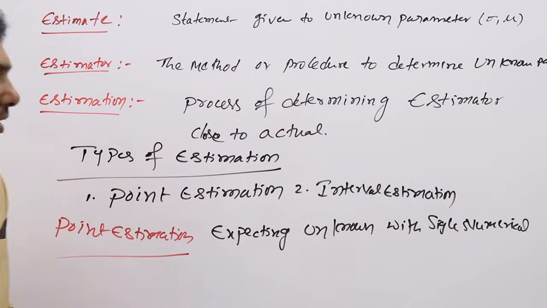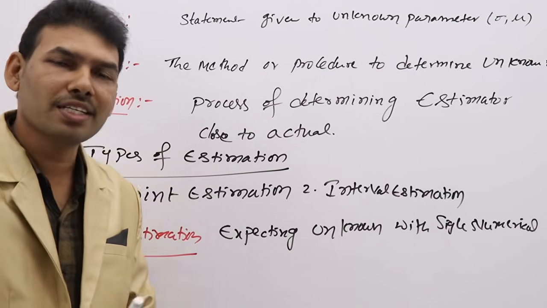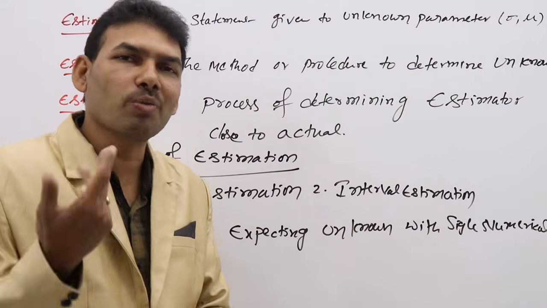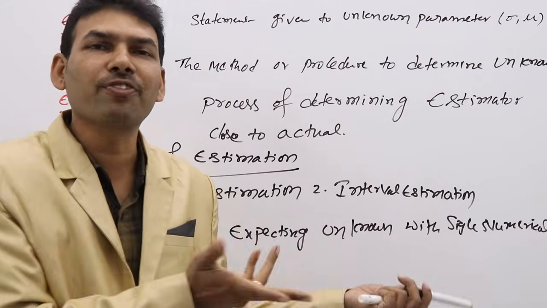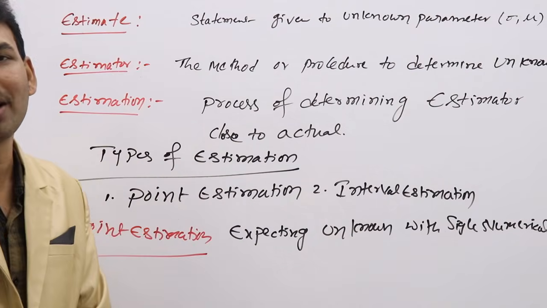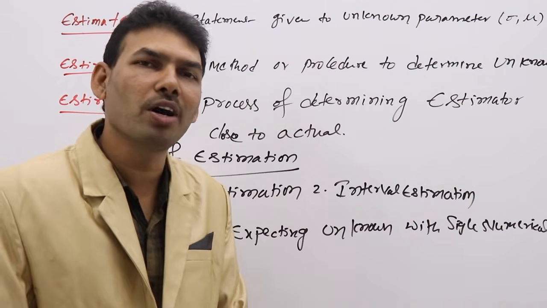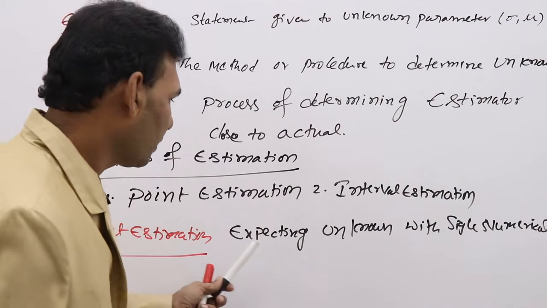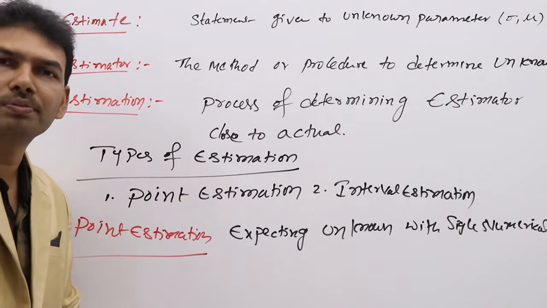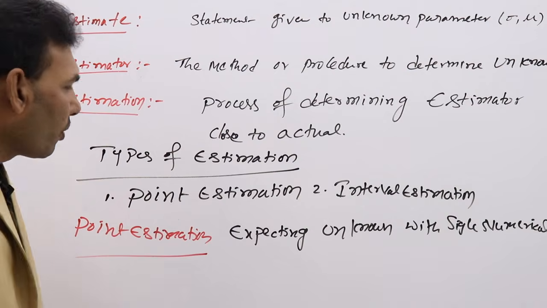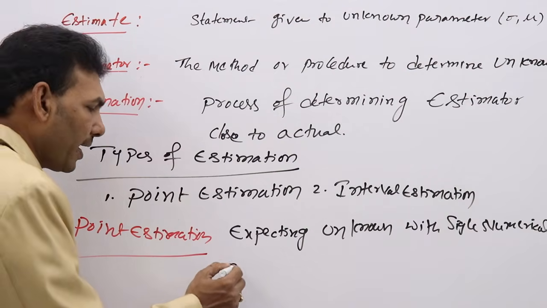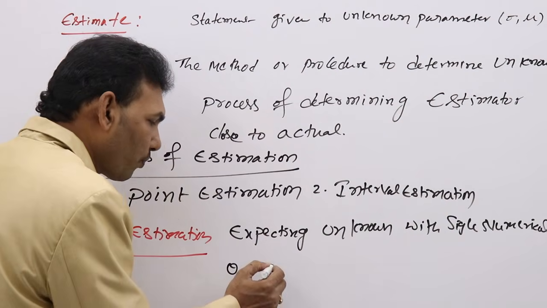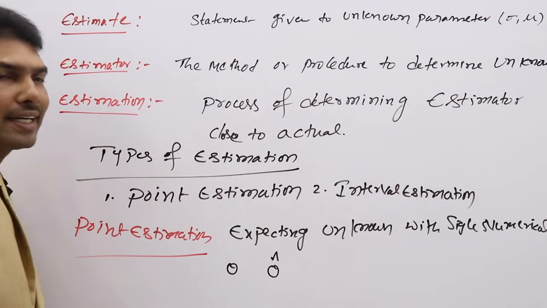What I mean to say here is, just now I gave one example, after writing an exam, expecting our marks with a single value. I may get 50 marks, I may get 70 marks, I may get approximately 40 marks. You are estimating your marks like a single value. If theta is the unknown parameter, we represent that single numerical value we are expecting as theta cap.